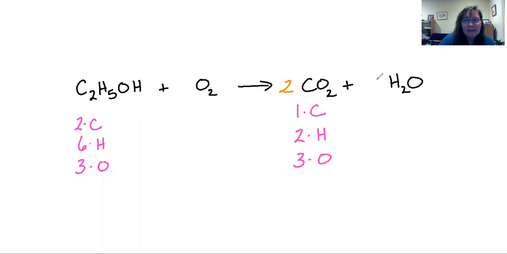If I need 6, then I'm going to need a 3 here. All right, now that I've done a couple things, I'm going to start organizing what I have. So now I have 2 carbons. I have 2 times 2 is 4, plus 3 is 7. Oop, wrong spot.